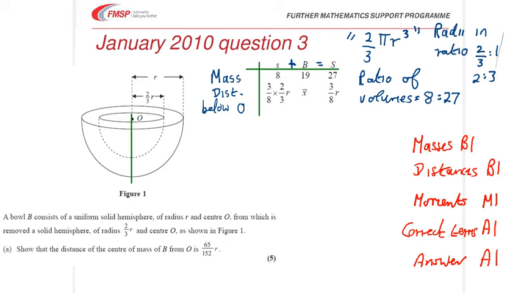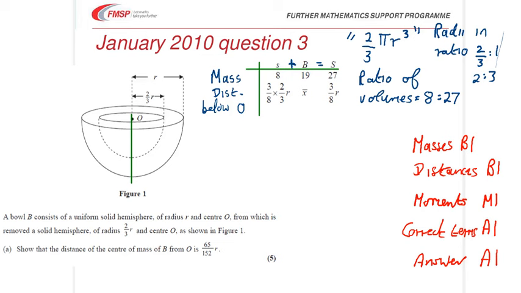We don't need to have all the r cubes and things in the table. So the big hemisphere mass 27, the little one 8, and what's left when you remove the little one, 27 minus 8 gives you 19. So in this table, the idea is the small hemisphere plus the bowl, which we've got with the hemisphere removed, put them back together and we get the whole thing, the whole big hemisphere.